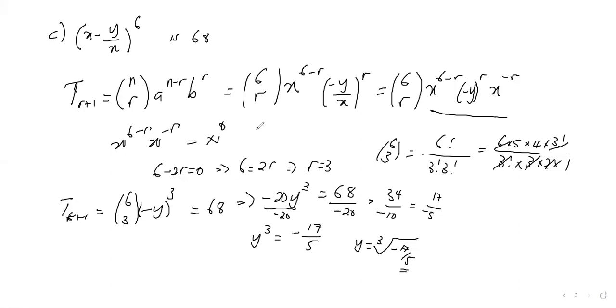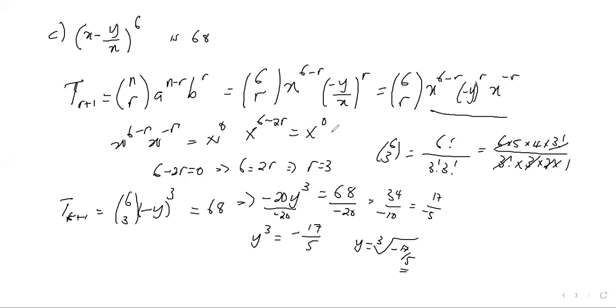So look, this one we had x to the power 6 minus 2r is equal to x power 0. Having 0 as a power means that the term we have won't have x. The question is saying, if the term independent of x is equal to 68, find the value of y.